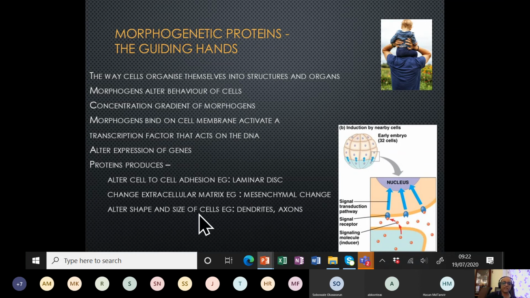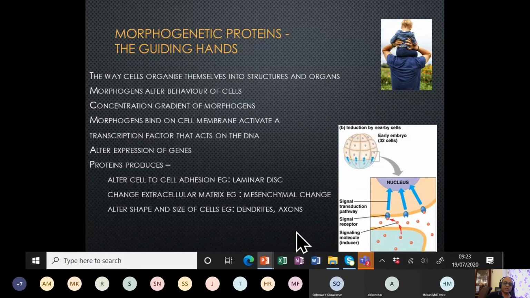Not only that, they will alter the shape and the size of the cells. So a small, round cell will start developing structures like the dendrites, like the axons, and they will start stretching a long way out. So you have got axons which will start from the motor strip and go all the way down the pyramidal tracts into the spinal cord.